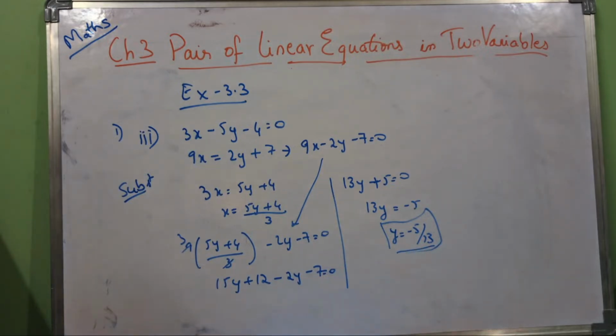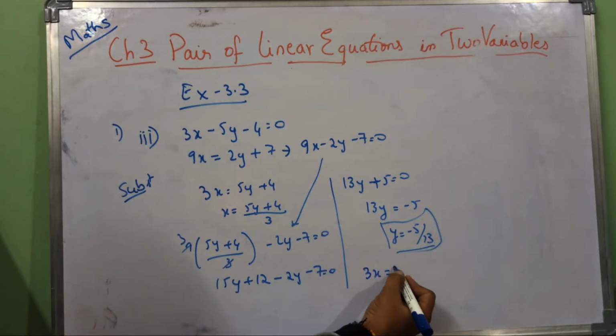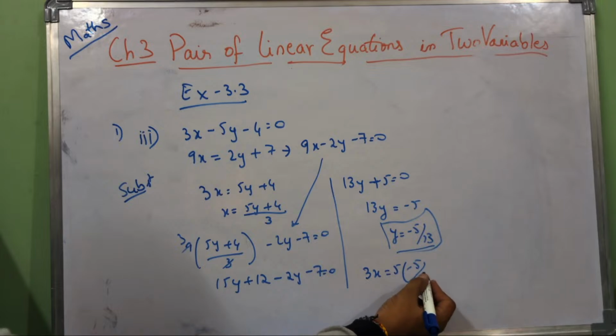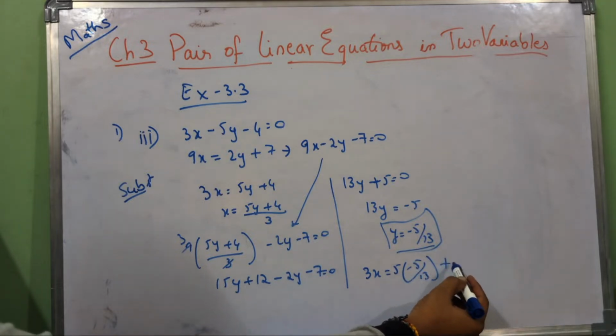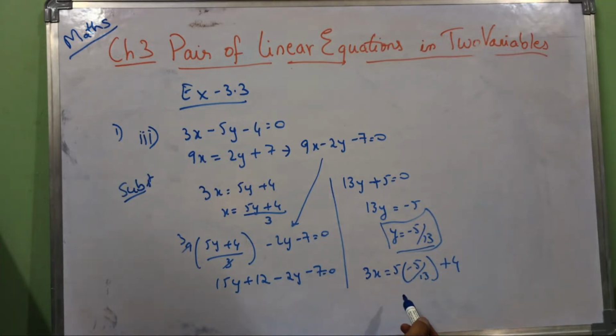Substitute in either of the equations. 3x equal to 5 into minus 5 by 13 plus 4. So 3x becomes minus 25 by 13 plus 4.